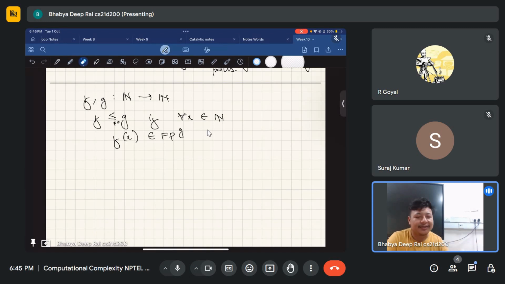So I'm using g like a subroutine here. I want an efficient polynomial time Turing machine. Why FP? Why didn't I do something like P?